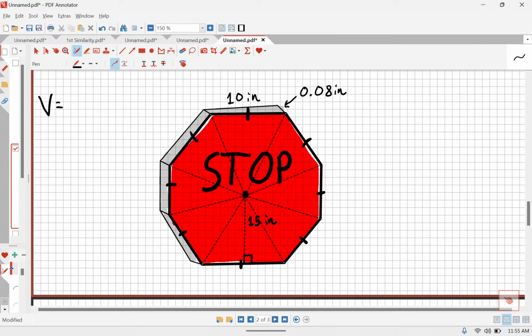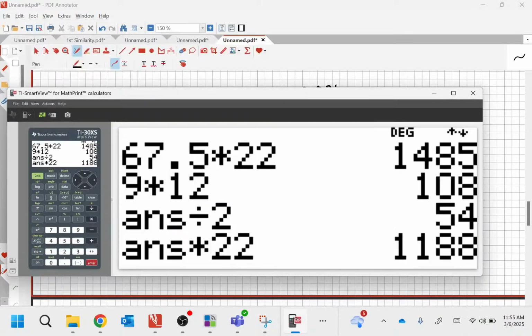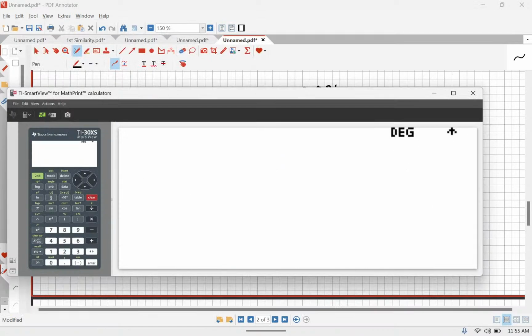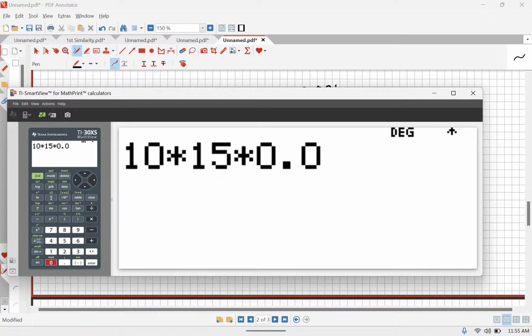Can I get you back up here in 5, 4, 3, 2, 1? Let's see here. Heidi, what did you do here? So this is kind of weird to think about geometrically, but that's okay. 10 times 15 times 0.08.